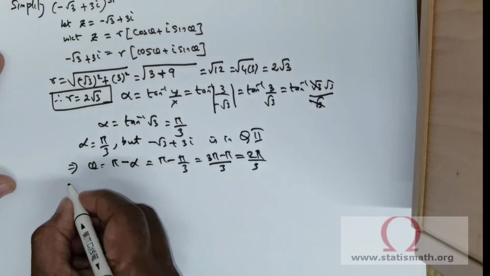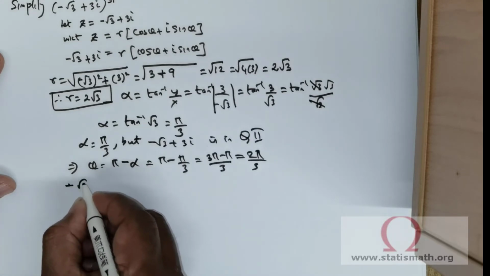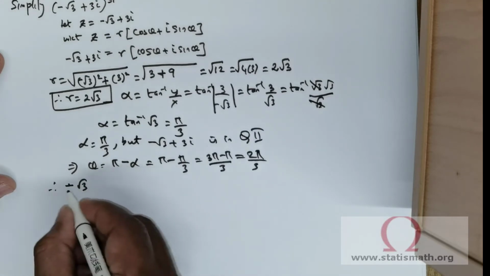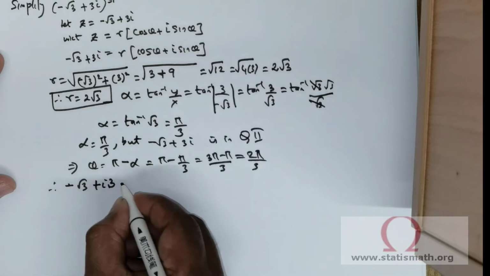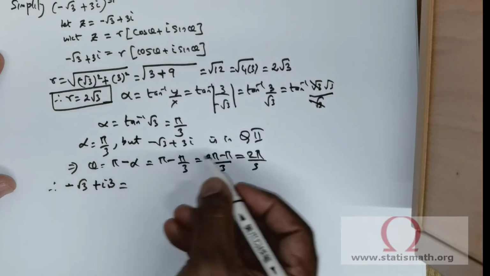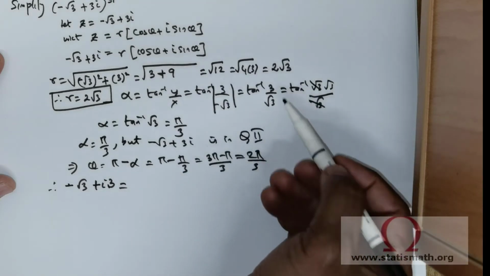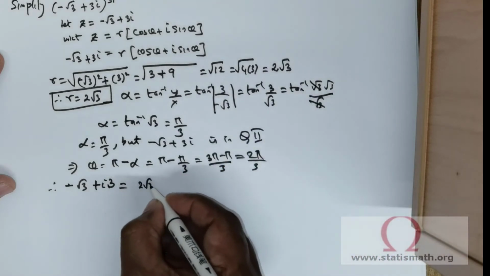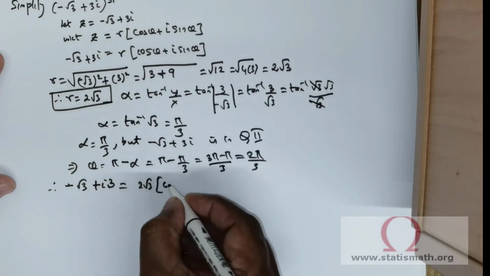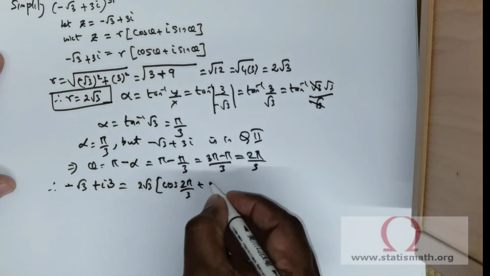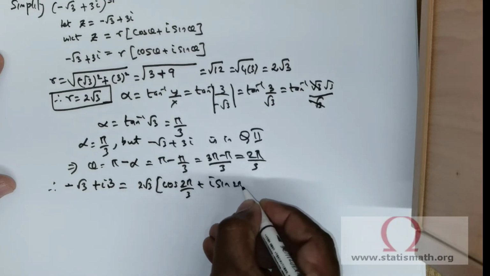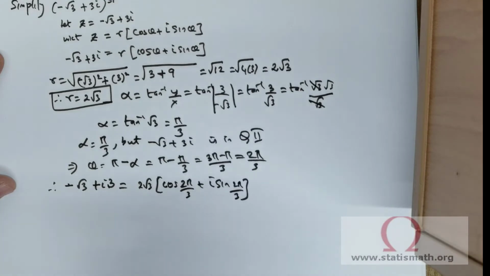Having got my theta, I can now rewrite the complex number: negative root 3 plus 3i is equal to 2 times root 3 times cos of 2 pi over 3 plus i times sine of 2 pi over 3.